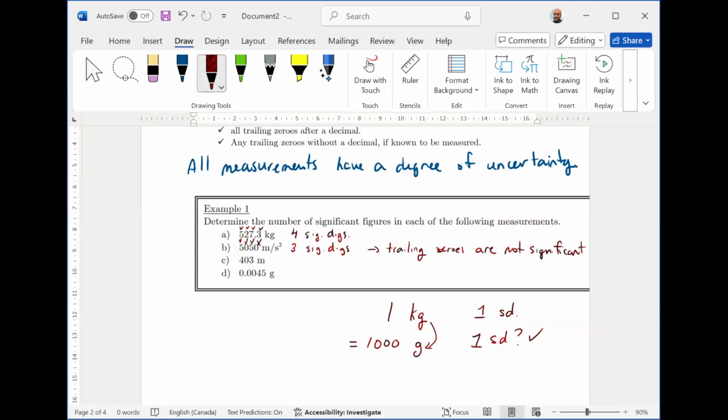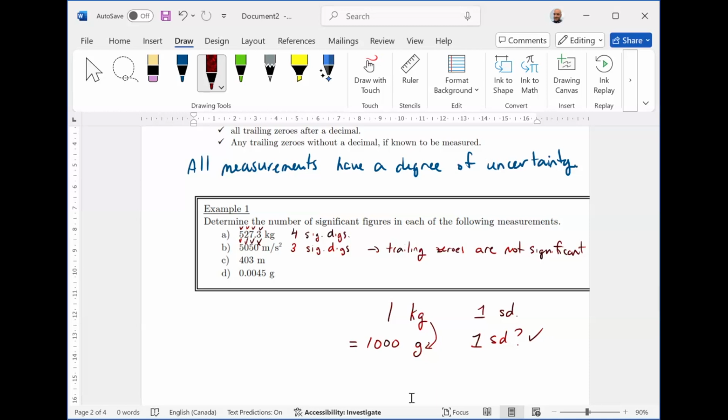So you can't get around the certainty problem by simply changing the unit of measurement. If we did, we could just say, why don't I just go to nanometers and give myself 12 significant digits, because there would be 12 zeros following the number one. So that's why a trailing zero is not considered significant.